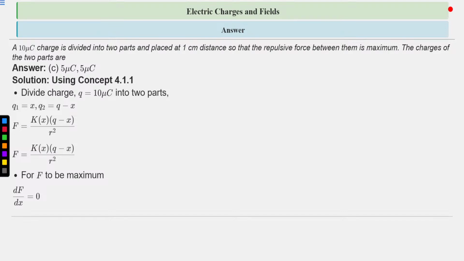That is the way to find how we will divide the two charges so that the force between them becomes maximum. So we find the derivative of F with respect to charge X and equate it to 0.